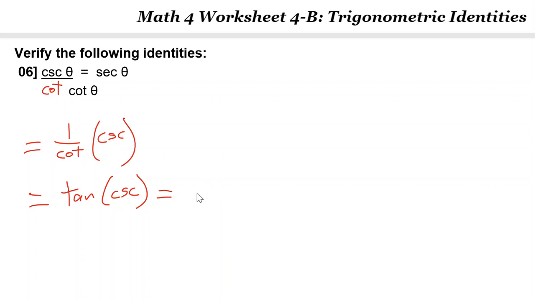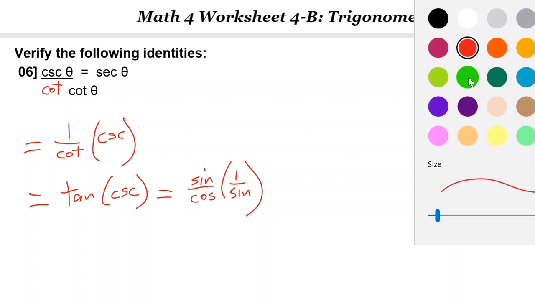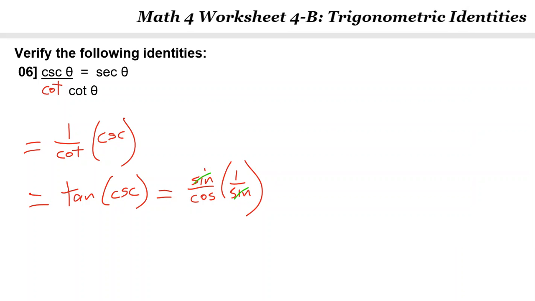And now we're going to rewrite them as sine over cosine times 1 over sine. Now that's going to give me the ability to cancel some things out, which makes this 1 over cosine, which I then flip around and make it a secant.